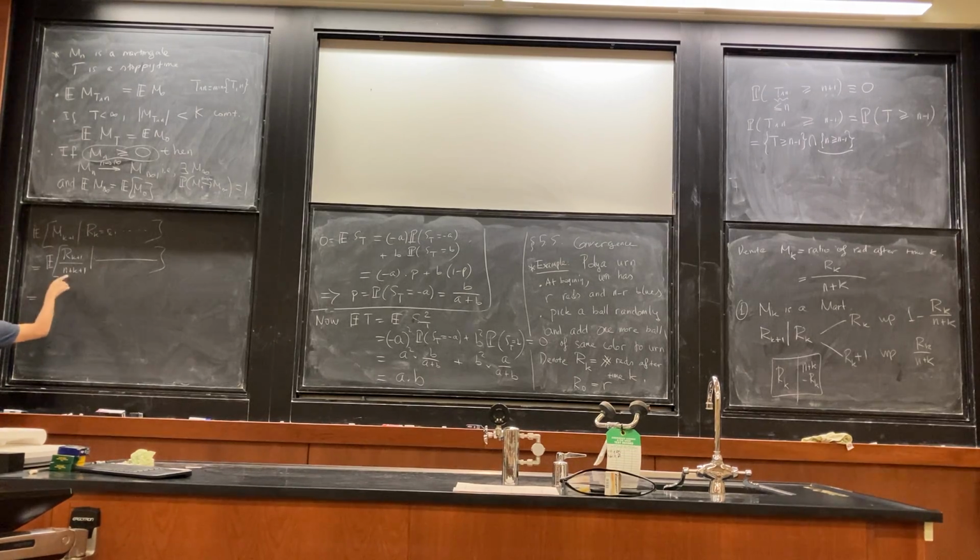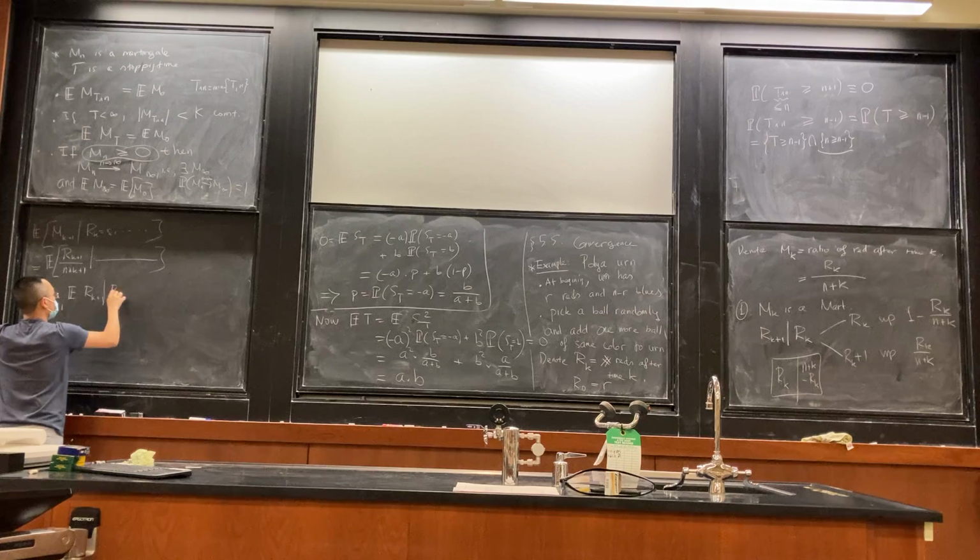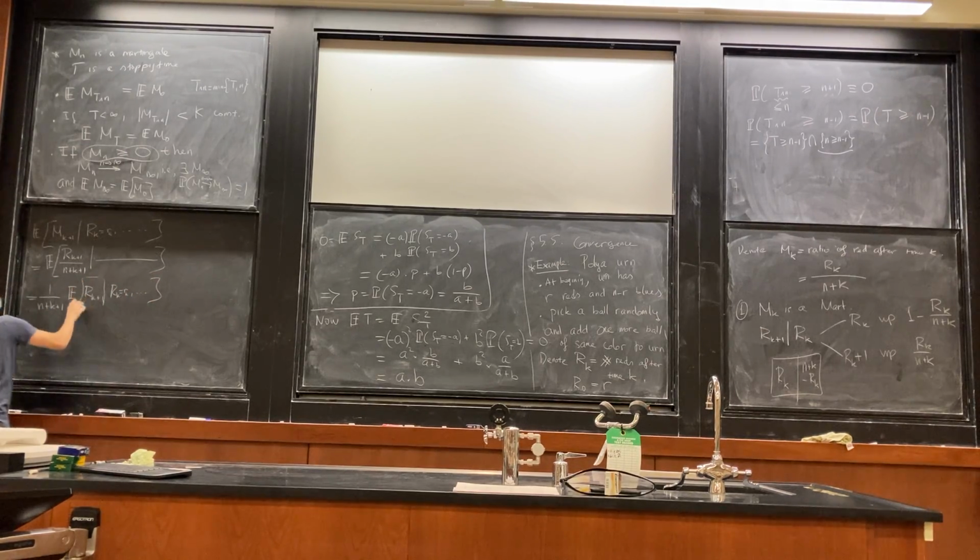So bring out the denominator. The denominator is a constant, so I will bring that out, n plus k plus 1. Then the expectation of R_{k+1} conditioned on R_k being the real r_k. And then we just follow the observation that we have over there.